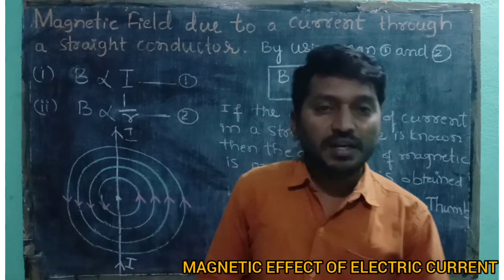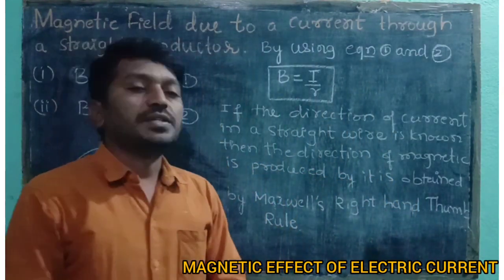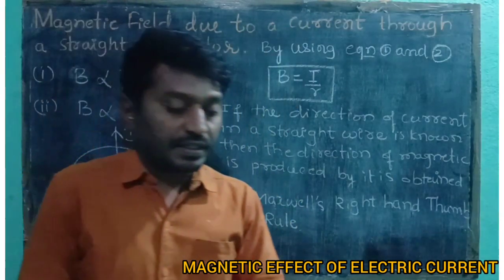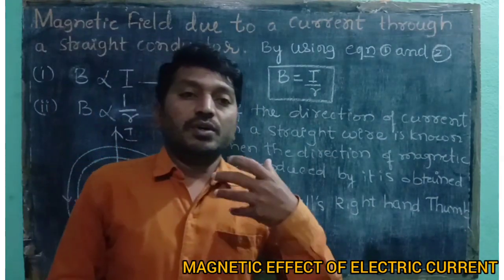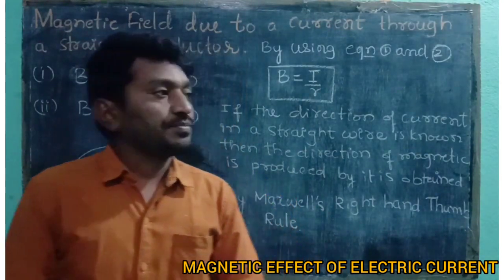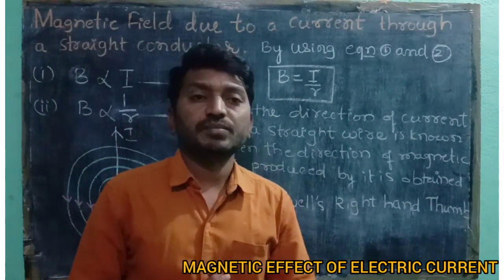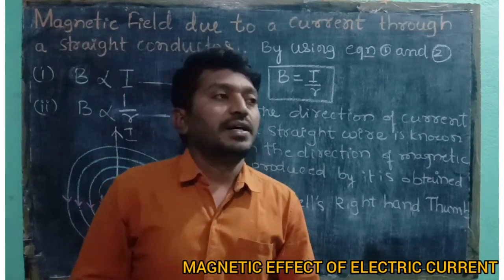In the last session, we already discussed some important points about the magnetic effect of electric current, right? In the last class, I talked about the magnetic field, magnetic field lines, and also the magnet.